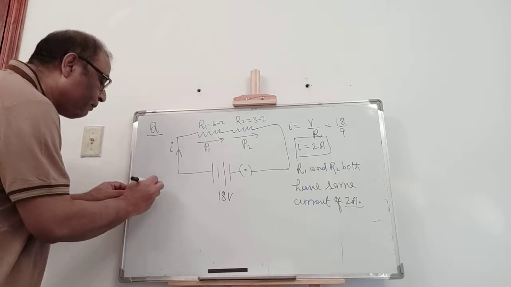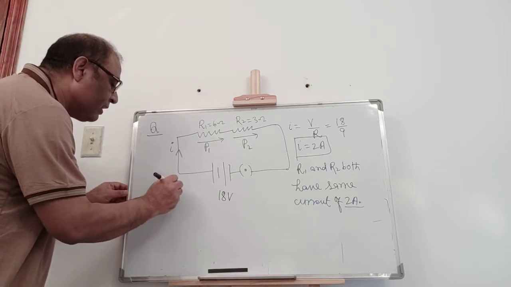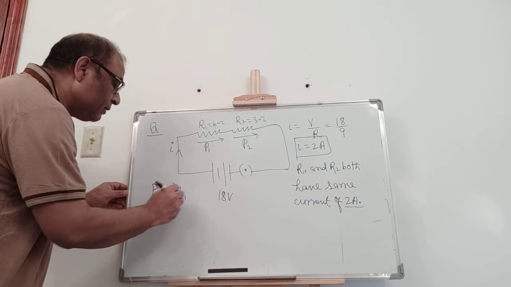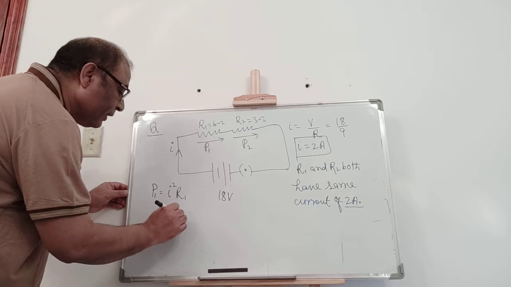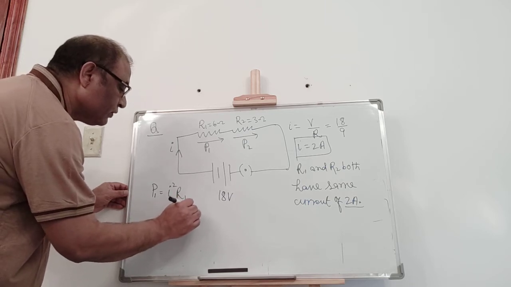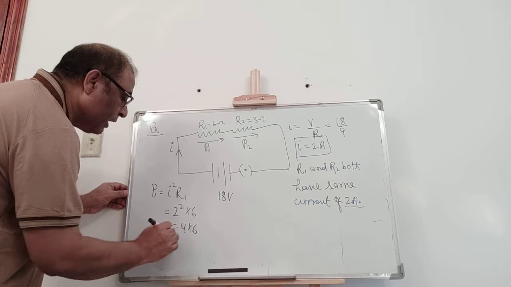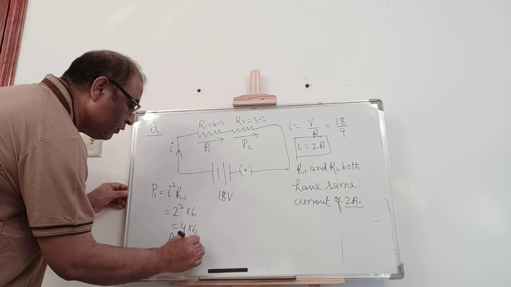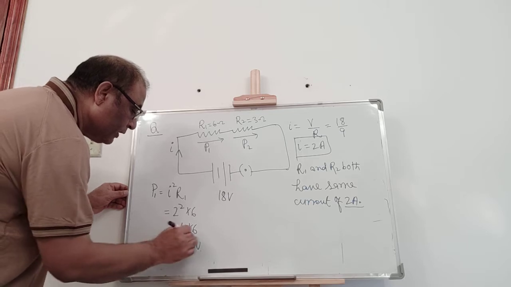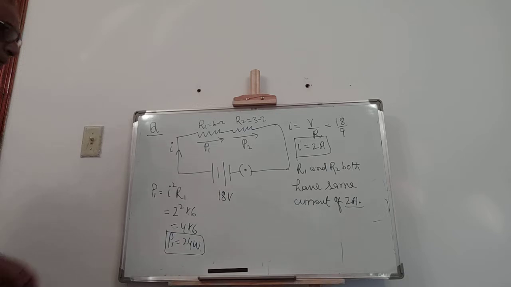Here power equal to I square R1. I equal to 2 ampere, 2 square into 6, and 4 into 6, P1 equal to 24 watt.